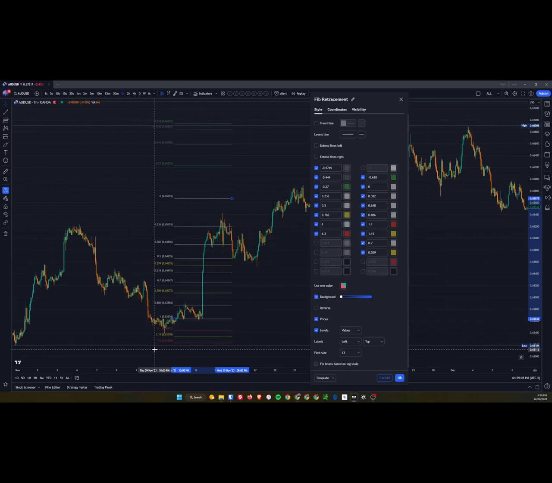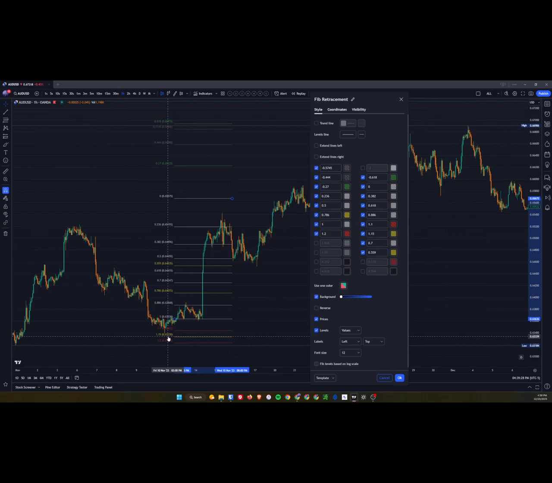The stop loss levels that I use are 1.1, 1.15, and 1.2. The reason I made 1.15 yellow is because it's the median level.